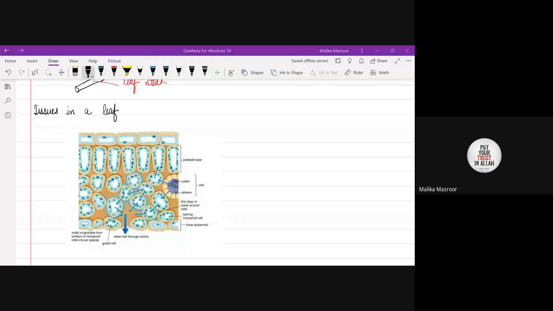The top is your upper epidermis. You have cuticle on top of it. This layer is your cuticle.